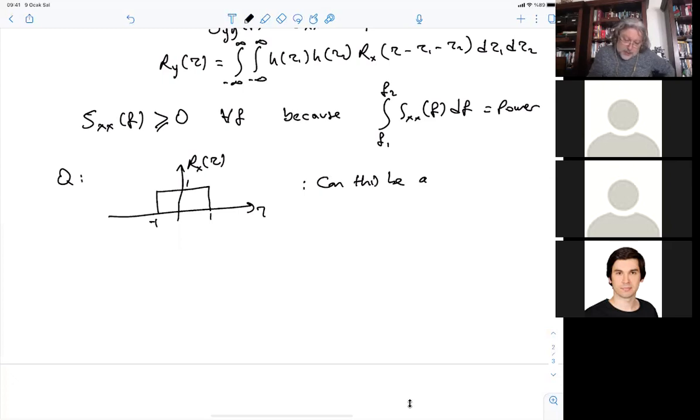The autocorrelation of a random signal. This was the question that I asked several years ago. So now I'm asking this to you, and I'm expecting an answer from one of you, if you have one.